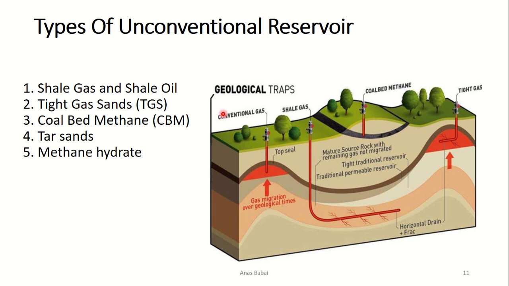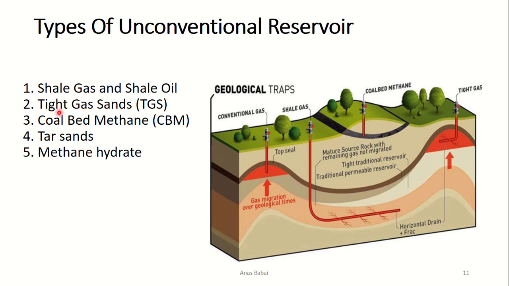So there is a difference between shale gas and shale oil, and gas shale and oil shale. In this case we are talking about the gas and oil which exist in the shale, or in a very fine grain, low permeability reservoir.